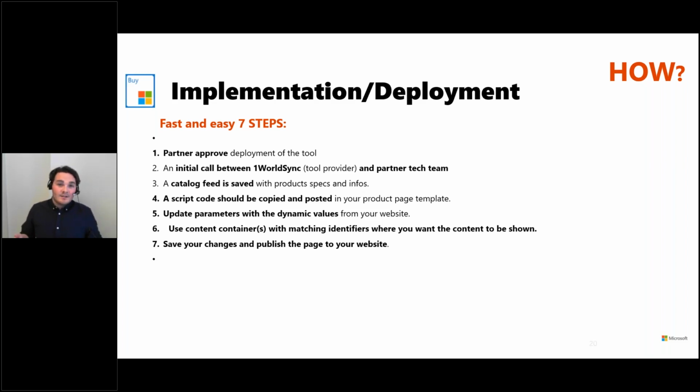So no matter what kind of solutions you have, if you have a license, which I did not mention today, or if you want to add further licenses or any type of solutions that you find relevant, you can always discuss this with us. And then we just create a script code, which then is posted on your product page template.